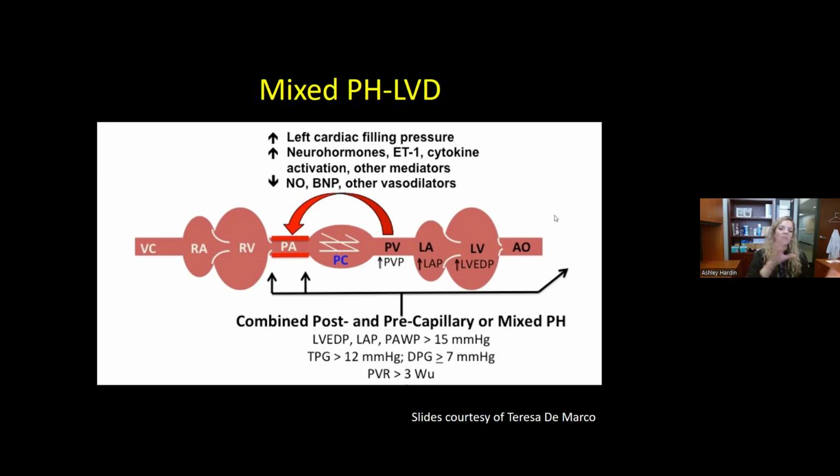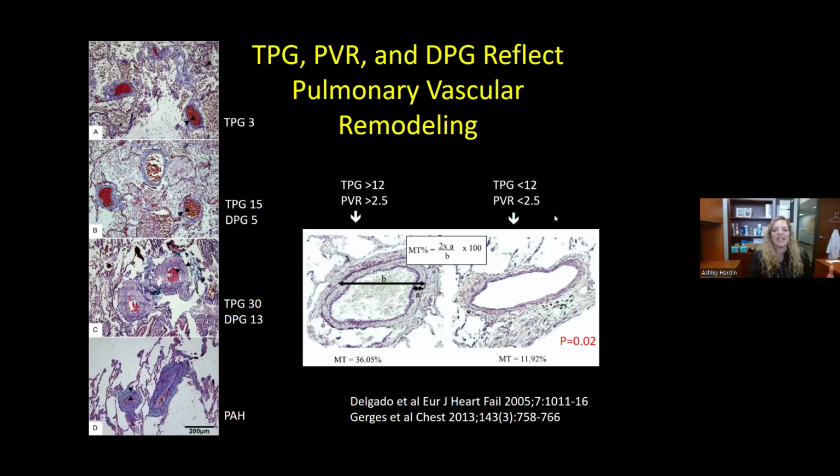So this is your mixed combined pre- and post-capillary pulmonary hypertension that we talked about in the initial definition. And we actually see this. So these are people who either went to heart-lung transplant or passed away, because they have clear cross-sections of their lung tissue here, and we're looking at their pulmonary vasculature.